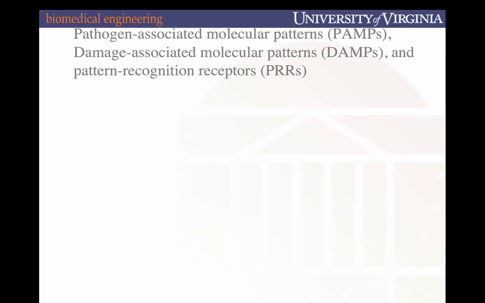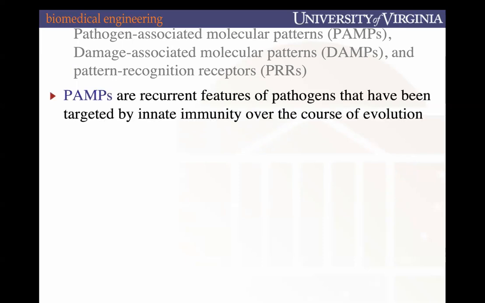What's really interesting is that these PAMPs, these pathogen-associated molecular patterns, are unique features, like repetitive structures on the surface of pathogens that have been targeted by innate immunity over the course of evolution. So over the course of evolution, these PAMPs have been identified in that there are receptors, these pattern recognition receptors, that have been expressed that recognize these PAMPs.